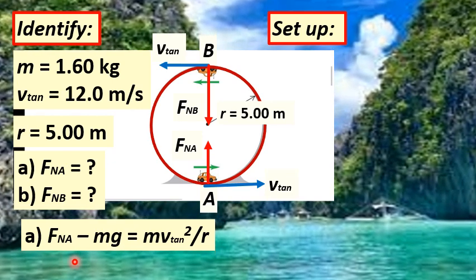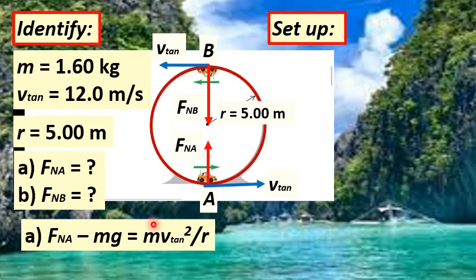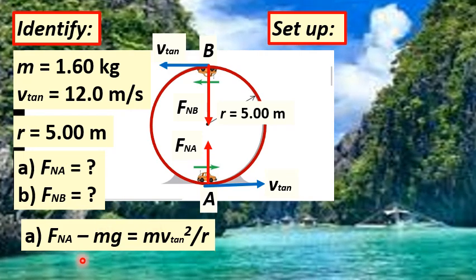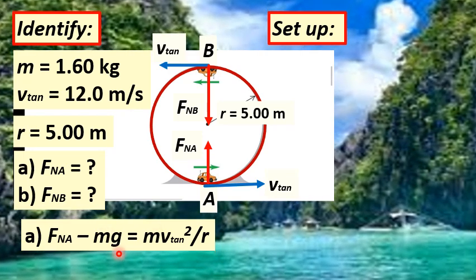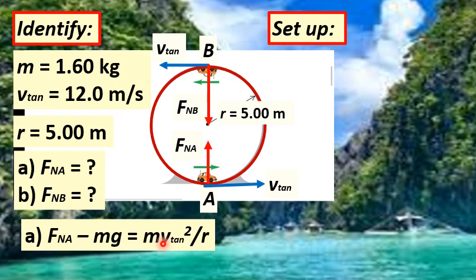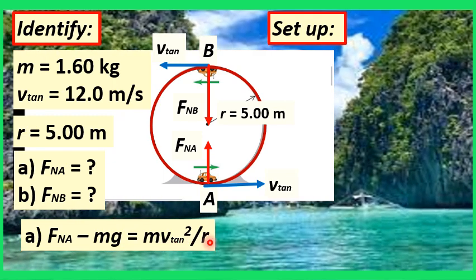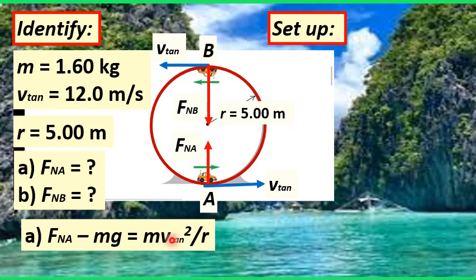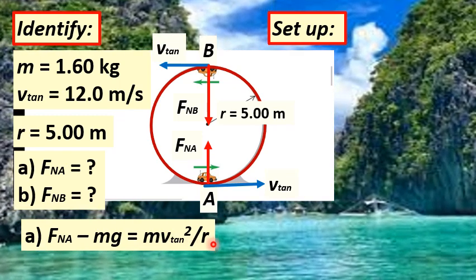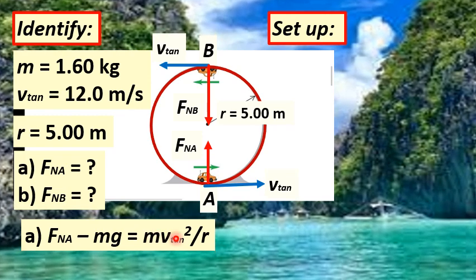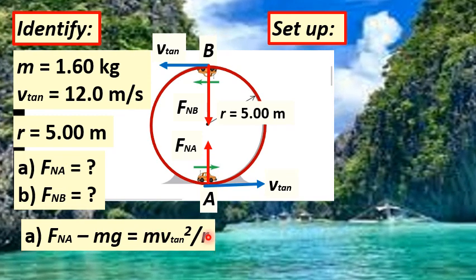F sub NA, understood to be positive or directed upward, minus the weight mg, is equated to mv squared over r, where mv squared over r is understood to be the centripetal force.